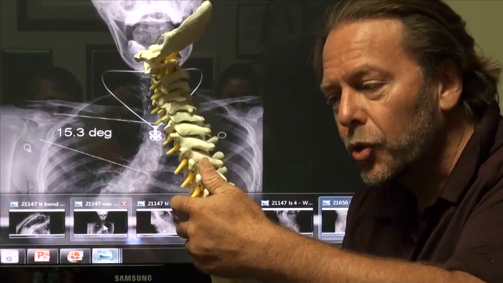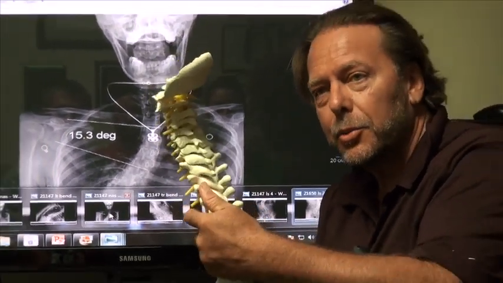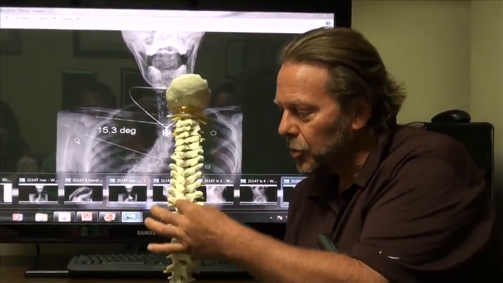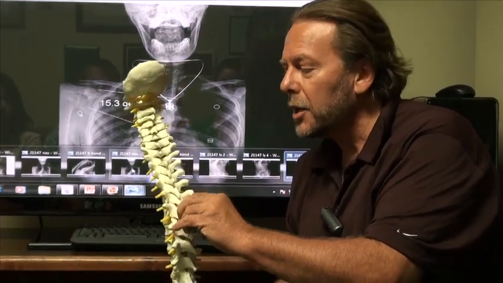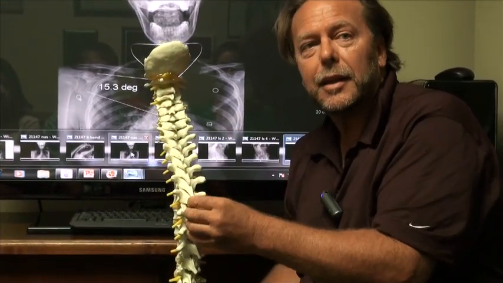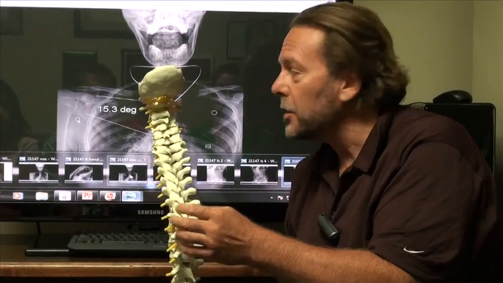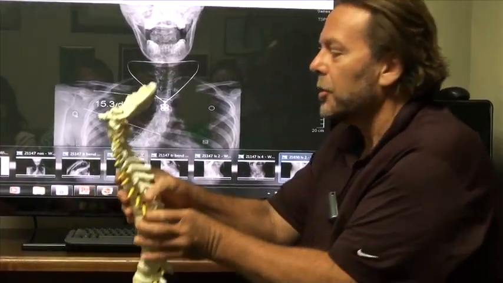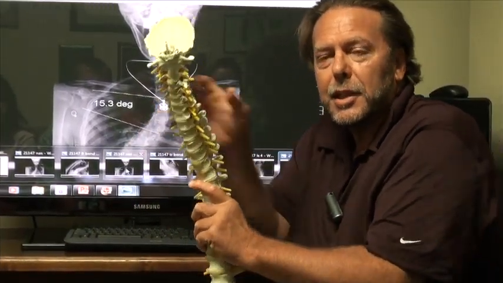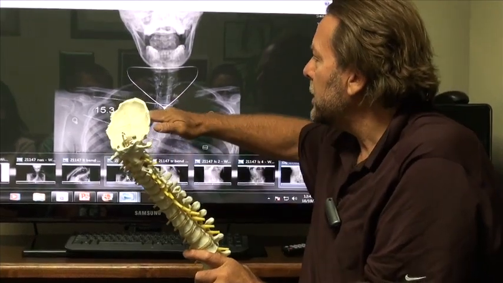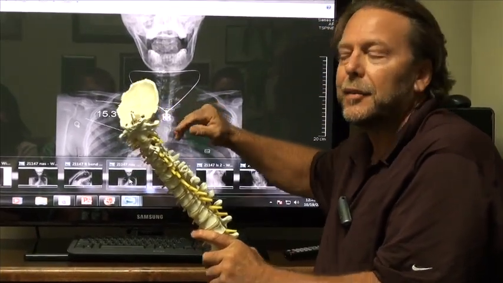So when you restore the natural curves, the facet joints of the spine are actually going to help you realign that scoliosis.